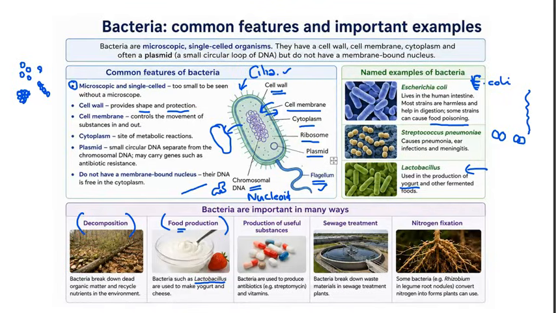Some of the bacteria are important for producing useful substances such as antibiotics. And later in the course, we'll take a look at a number of ways in which this can actually be achieved. But here we're quoting streptomycin as the antibiotic.